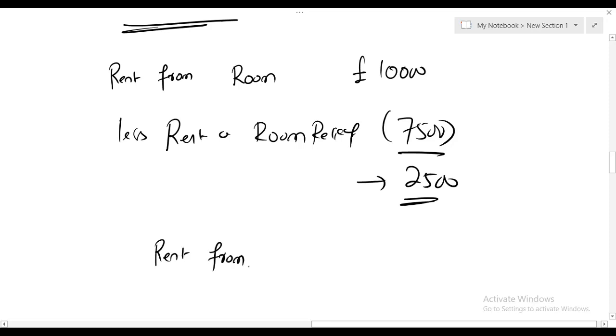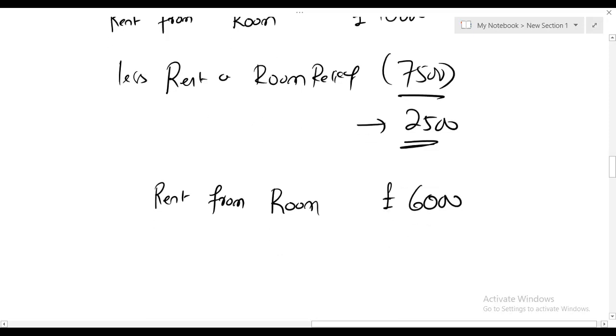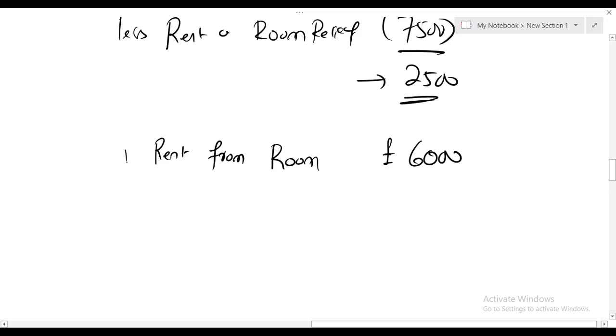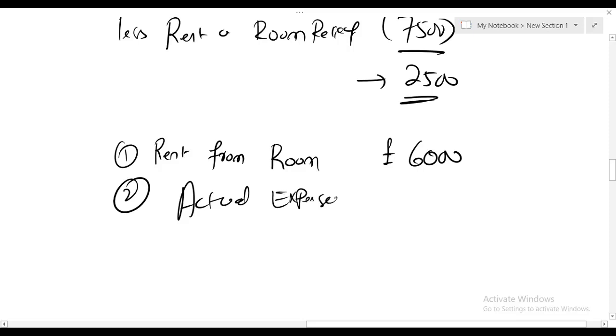For example, rent from room is, let's say, 6,000. I'm just making an example, okay? And your examiner says, second information, that actual expenses are 7,000.